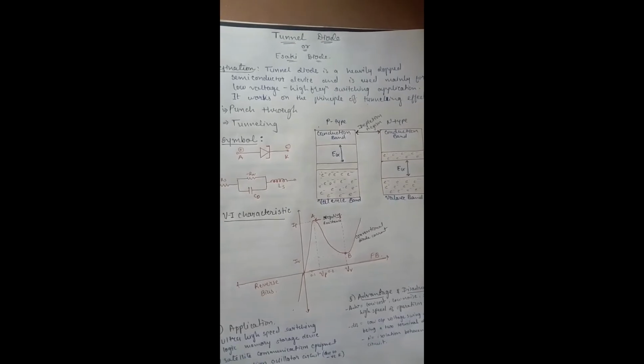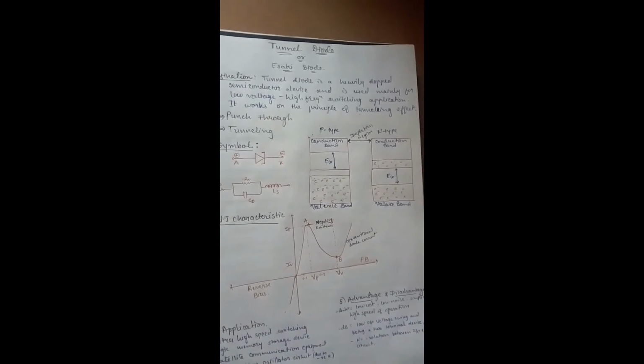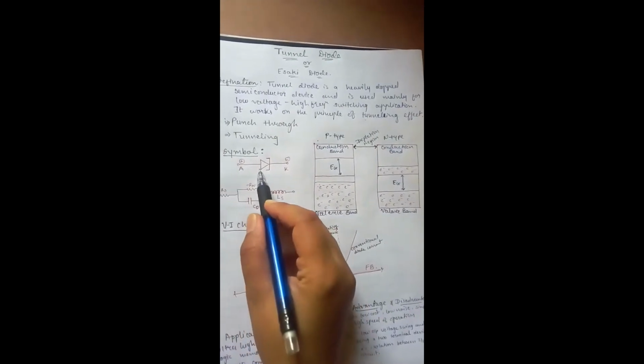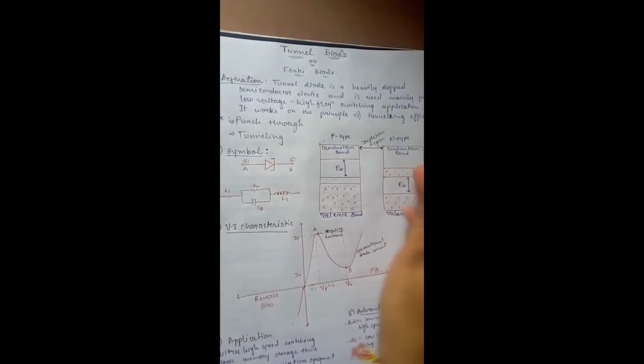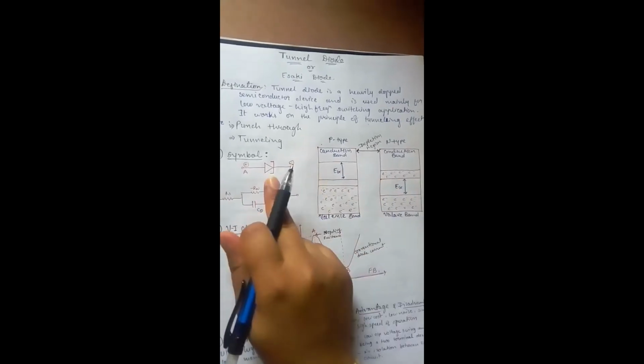The definition of a tunnel diode is: a tunnel diode is a heavily doped semiconductor device. Okay, what is heavily doped? The doping inserted into the N and P type of material which is used in the diode. Like this, p-type material and n-type material both combine to make a diode.